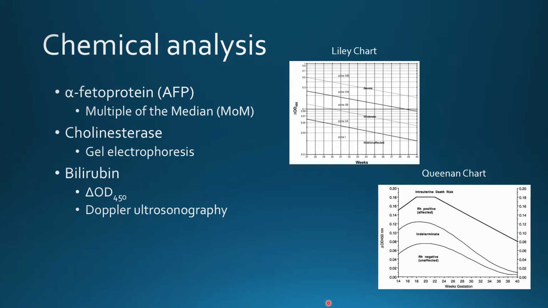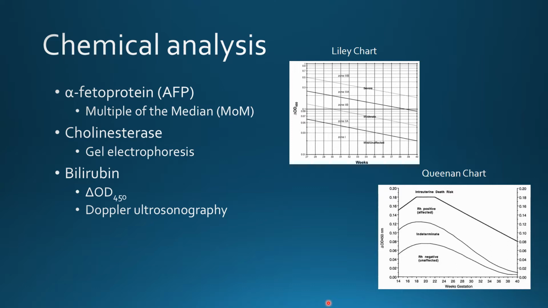If you run the spec between 350 and 550, you can see the deviation at 450, and that deviation in your curve will be proportional to the concentration of bilirubin. That's why it's called delta OD, change in optical density at 450 nanometers.